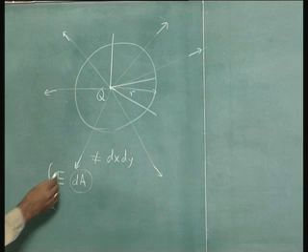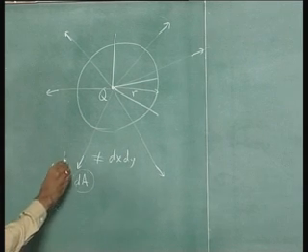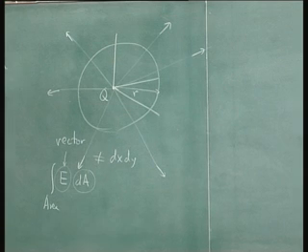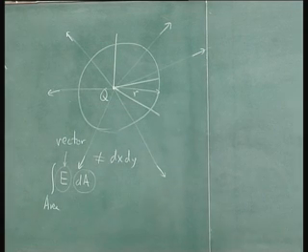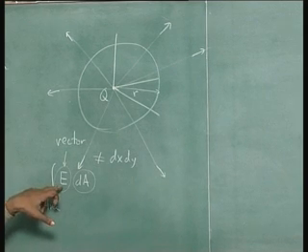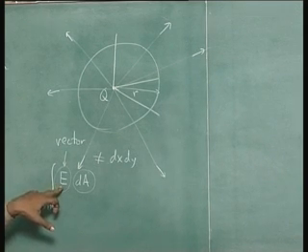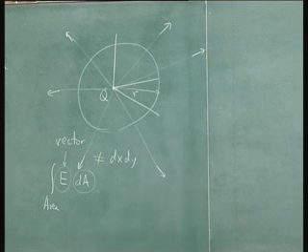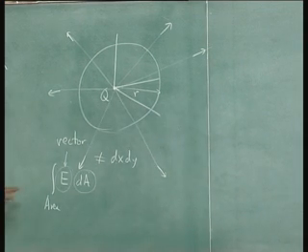Secondly, the electric field is a vector. It has a direction. So, what exactly do we mean when we say area integral of the vector field E over the area of the surface? We have to do something, because the answer of this integral will depend on how we define these different pieces.